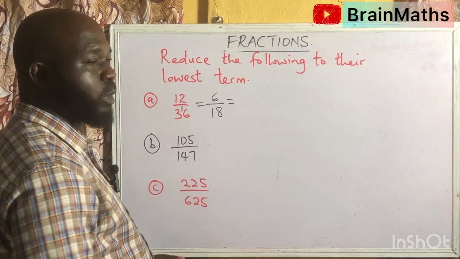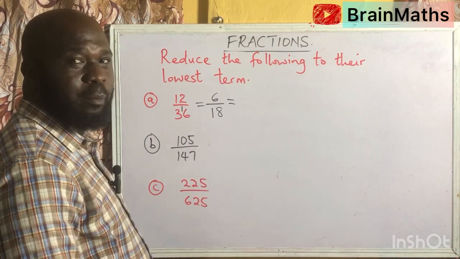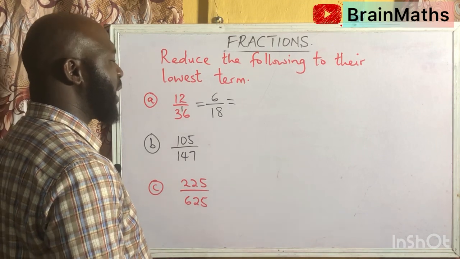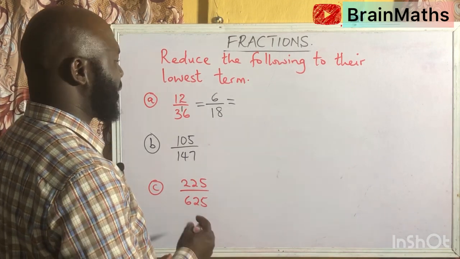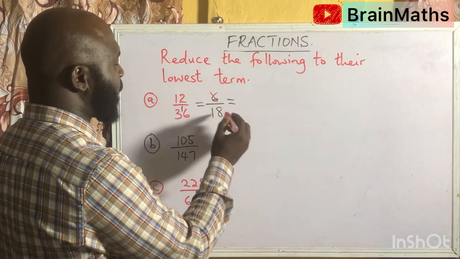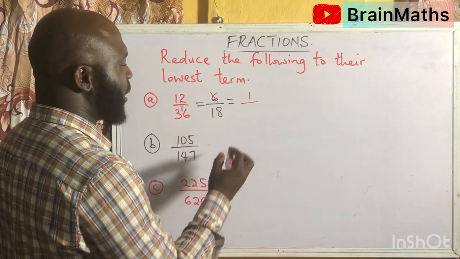So if you don't want to waste your time, you can decide to divide both of them by 6 at once, or you can still take your time to enjoy the mathematics. So let's try to divide by 6. How many 6s can we get in 6? 1. And how many 6s can we get in 18? That is 3.